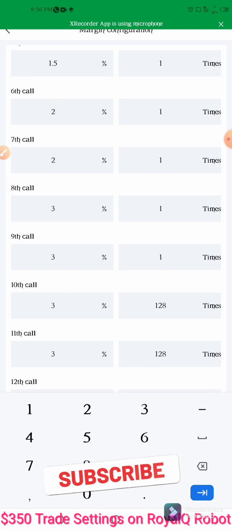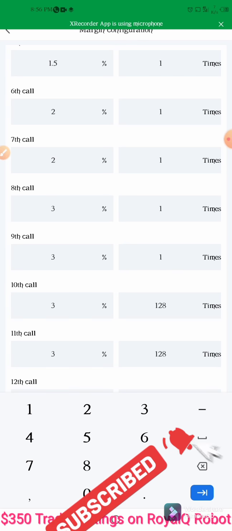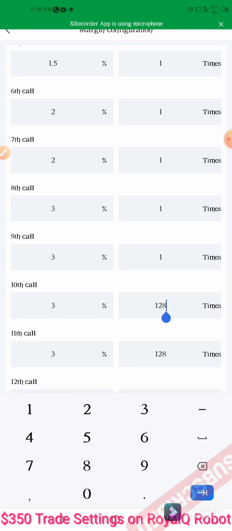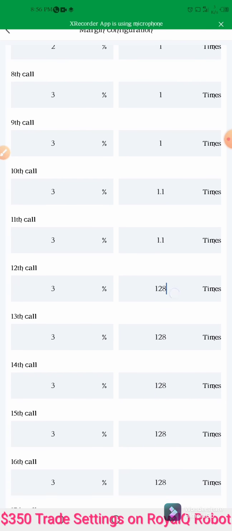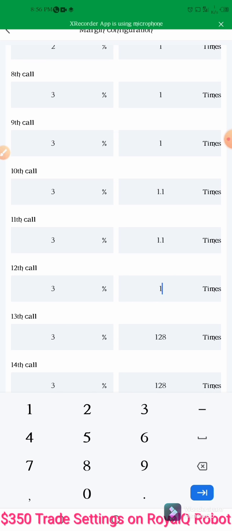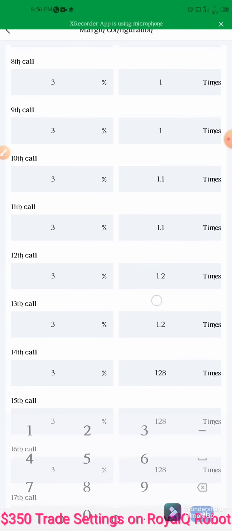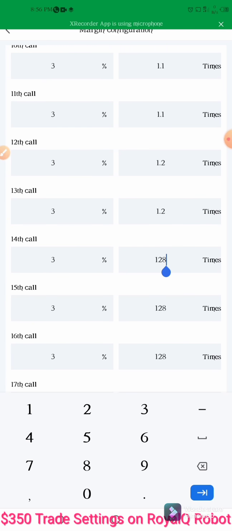So from the 10th point, I wanted to buy 1.1. Excuse me, I just developed a cough. 1.1, and then 12th and 13th make it 1.2. Then the 14th make it 1.3.